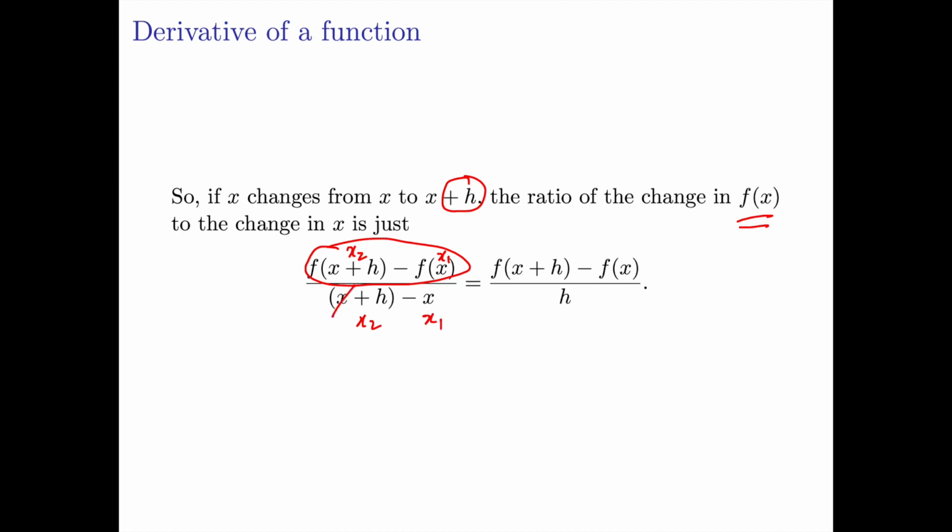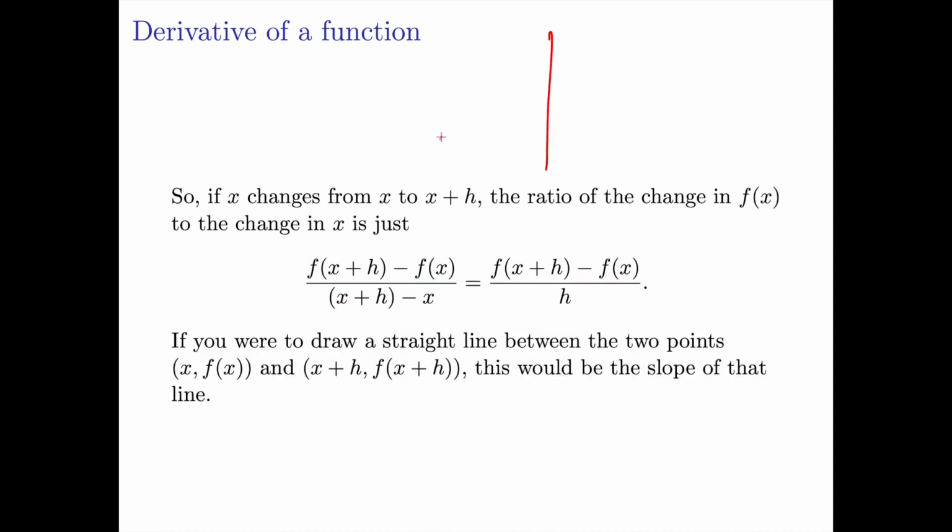We'll notice here that the x and the x are going to cancel in the denominator. So we just get the difference between the value of f at x plus h and the value of f at x. And we divide that by the amount by which we change x. If we have x here and x plus h here, and the value were this much, so we've got this point on our curve, and perhaps f of x plus h would be this much.